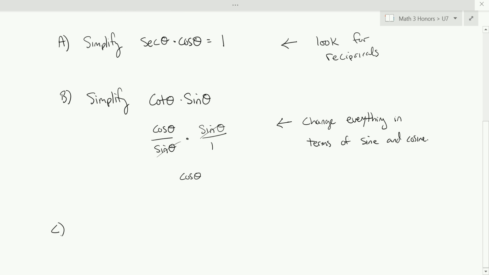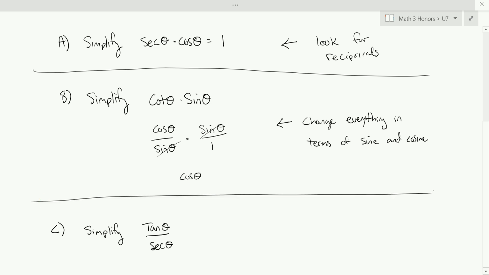Next one, simplify tangent over secant. Now, because we have our reciprocal functions, we can always get rid of fractions pretty quickly, if they're simple fractions. And most of the things we'll see will be simple fractions.